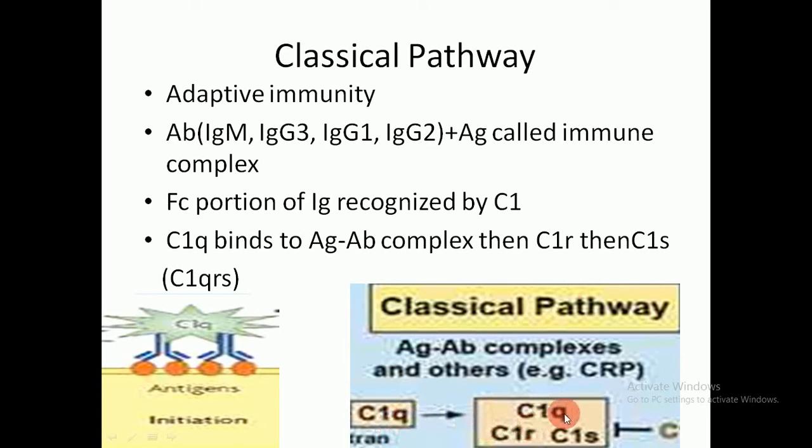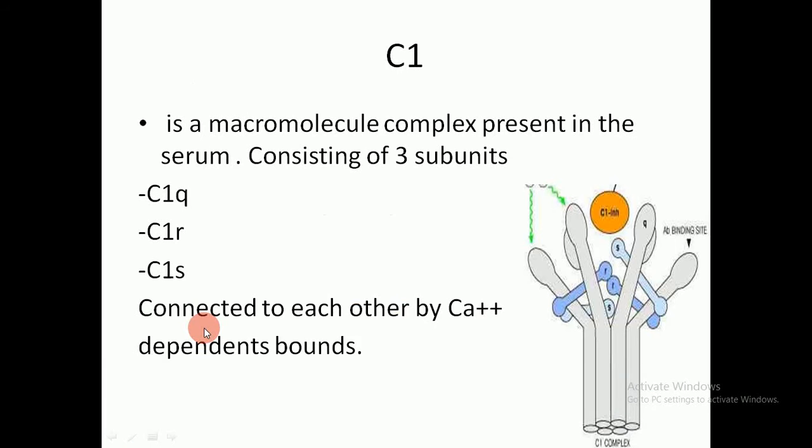C1 is a macromolecular complex present in the serum consisting of three subunits, C1q, C1r, C1s, connected to each other by calcium-dependent bonds. So this is like a tulip flower. It consists of the q, r, and s, and they are bound through calcium-dependent bonds.